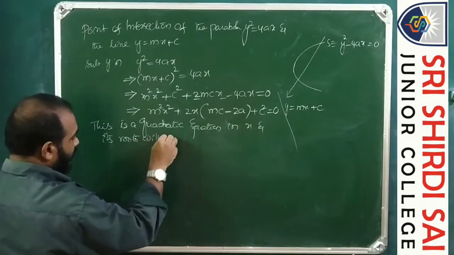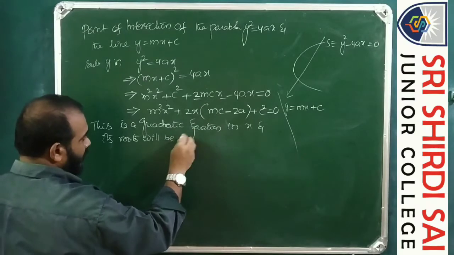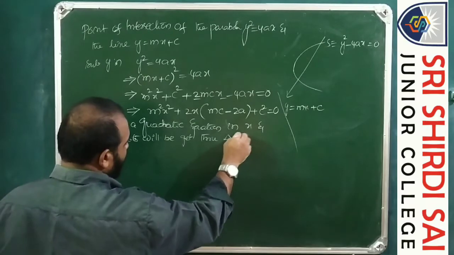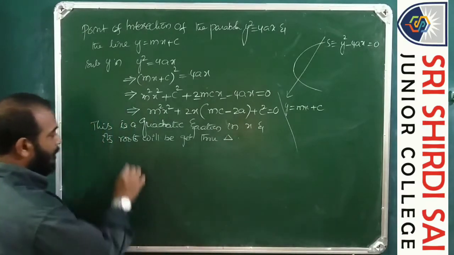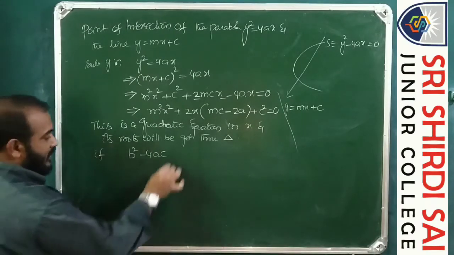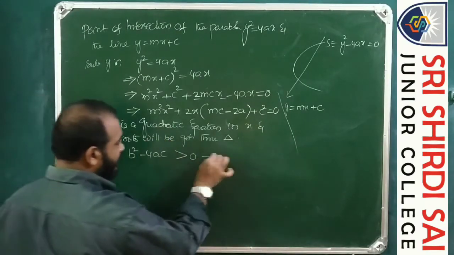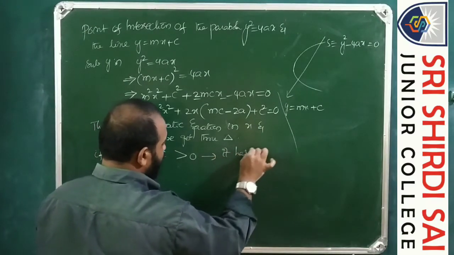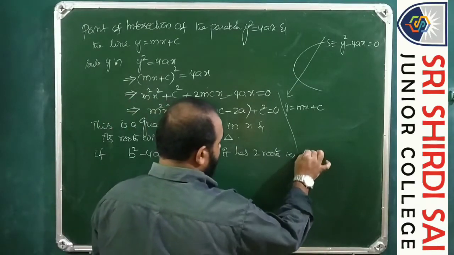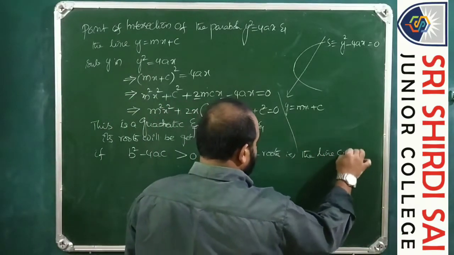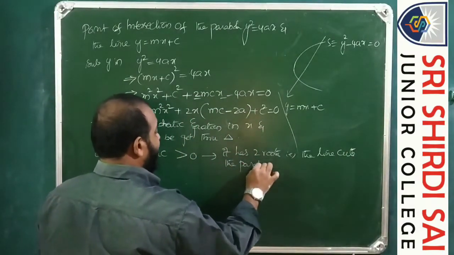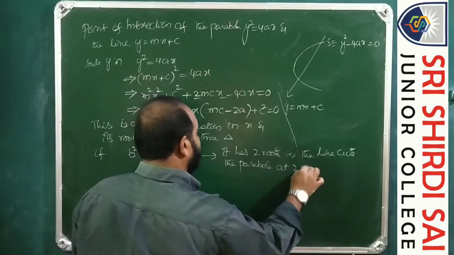Its roots we get through the discriminant delta. What is delta? B square minus 4ac. If b square minus 4ac is greater than 0, then it has two roots. That means the line cuts the parabola at 2 points.